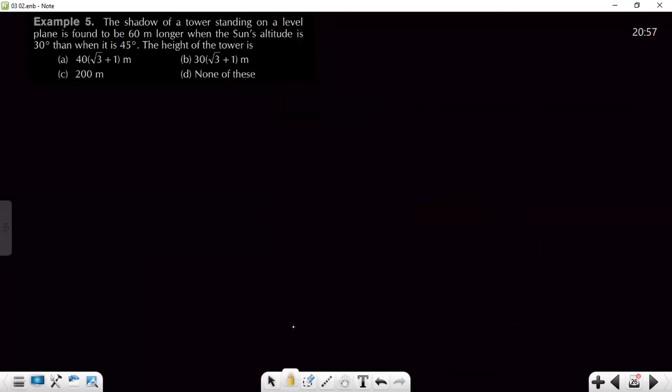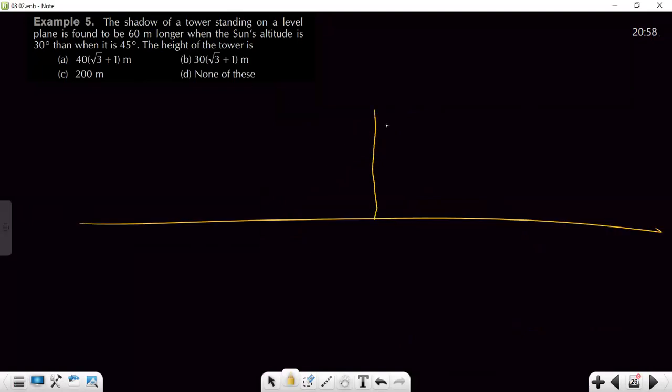The shadow of a tower standing on a level plane. So there is a level plane and there is a tower. Its shadow is found to be 60 meters longer when the sun's altitude is 30 degrees than when it is 45 degrees. So first, let's consider the sun's altitude as 45 degrees, then the sun will be somewhat here.